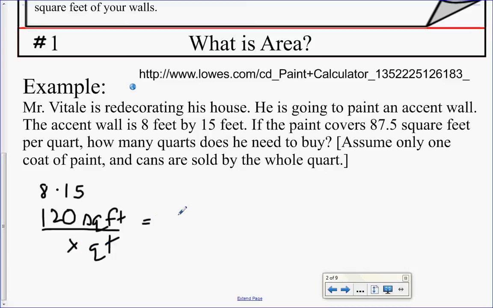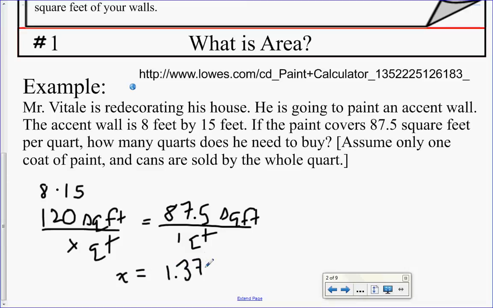If we know that 87.5 square feet is covered by 1 quart, you could cross multiply or know that all you have to do is divide 120 divided by 87.5. And we'll get 1.37. So x is approximately 1.37. I'm sorry, I wrote equals 2 signs. Make sure you do squigglies because we kind of rounded.